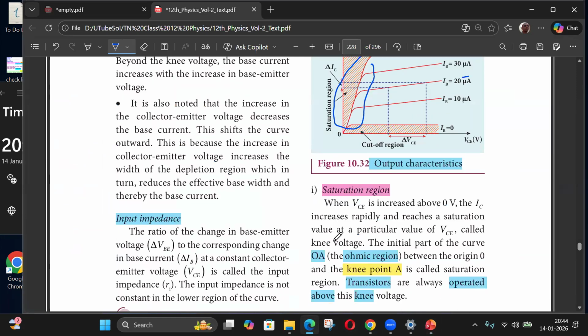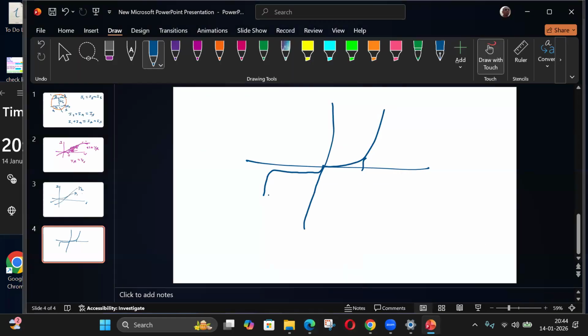So saturation region is this one, this region. This region is saturation region where the current is almost constant. Here the current is increasing, here the current is increasing. So reverse bias, this region is called saturation region.